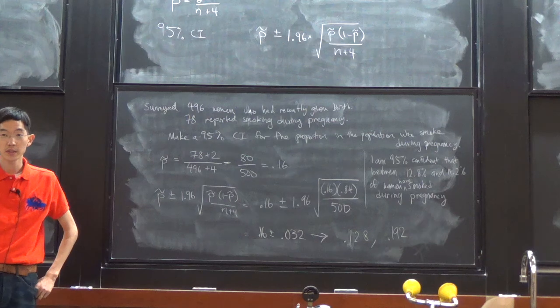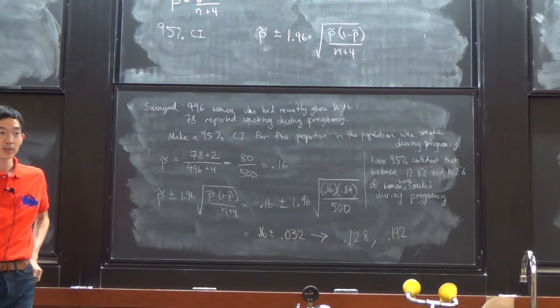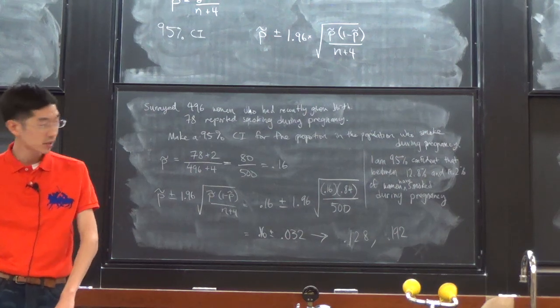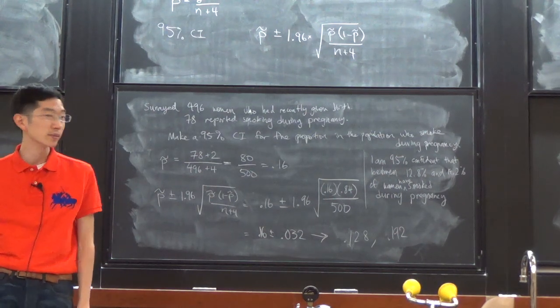Okay, so that is the confidence interval for a categorical variable based on p tilde.